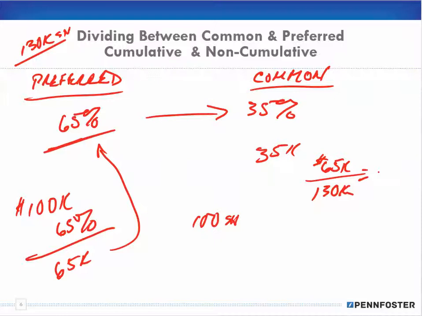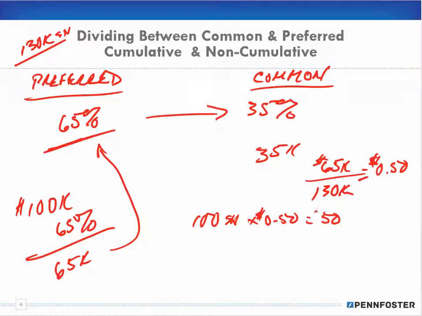Let me do the math. 65 divided by 130 is 50 cents, right? So each share is worth 50 cents.